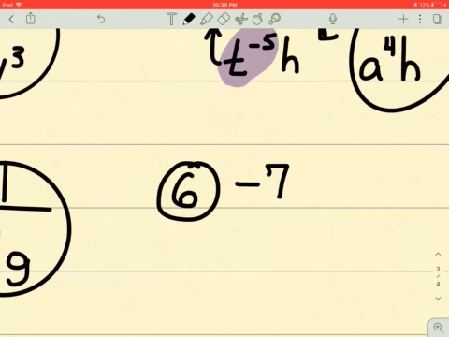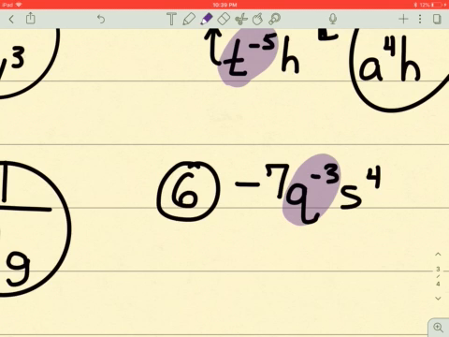Negative 7 q to the negative third s to the fourth. So we look for our exponents that are negative, and I have a negative 3 there as an exponent. Yeah, my 7's negative, but it's a coefficient. It doesn't matter if the coefficient's positive or negative. It just stays where it's at. My coefficients are not going to change places.